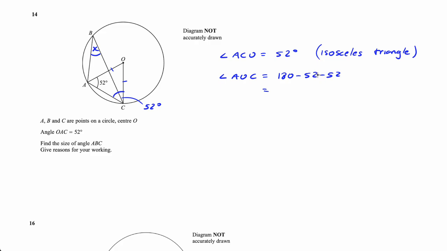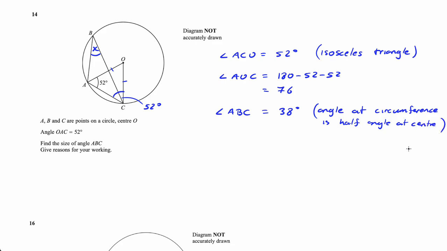That's 104, which means that is 76. That's just from a triangle. And then finally, angle ABC, which is what we're trying to find, is going to be half that, which is 38 degrees. And in brackets, angle at circumference is half angle at center.